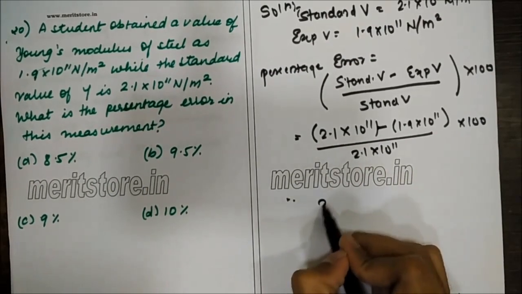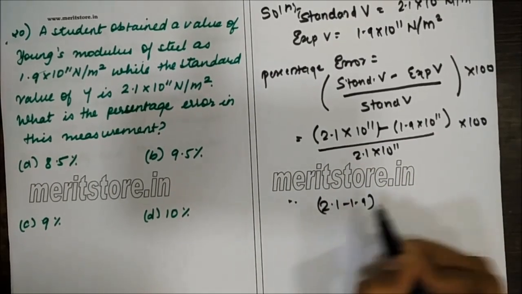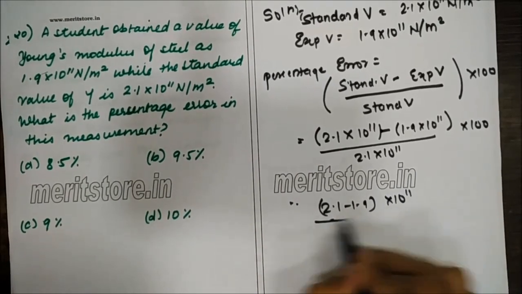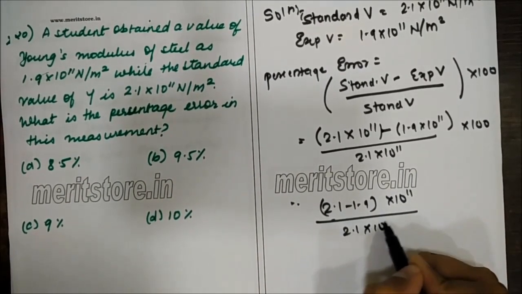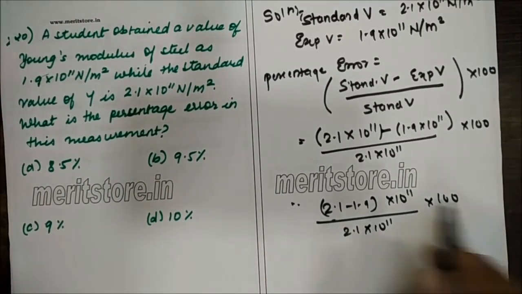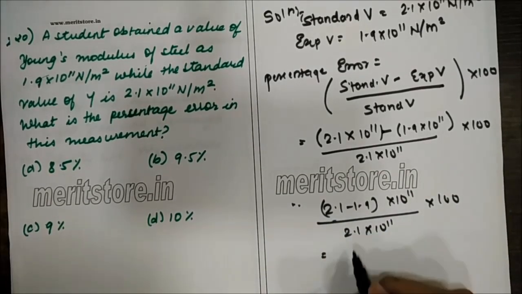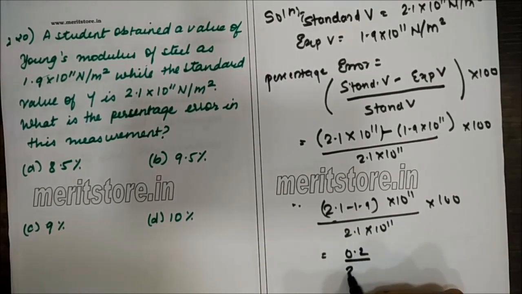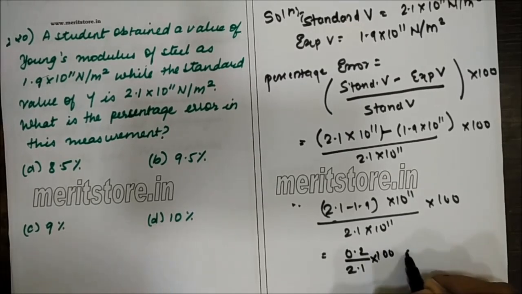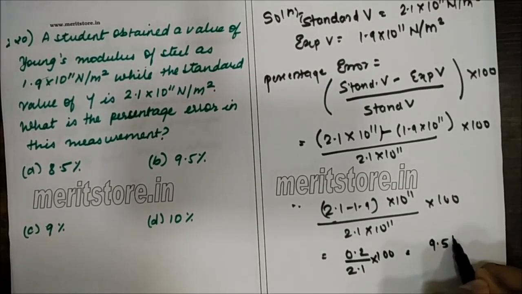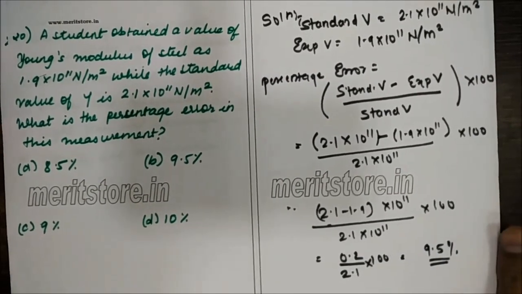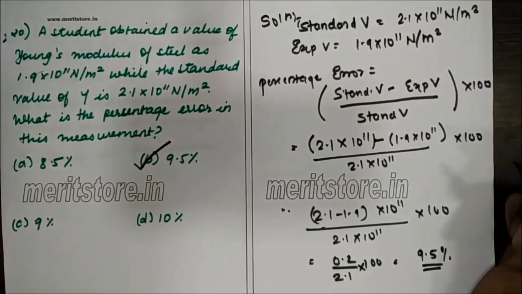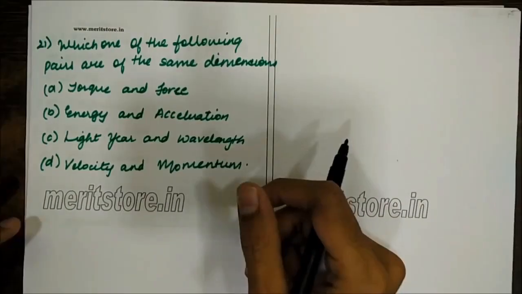On solving this we get (2.1 minus 1.9) × 10^11 upon 2.1 × 10^11, into 100. Solving gives the value 0.2 upon 2.1 into 100, which will be about 9.5 percent. So your correct option is B, 9.5 percent.